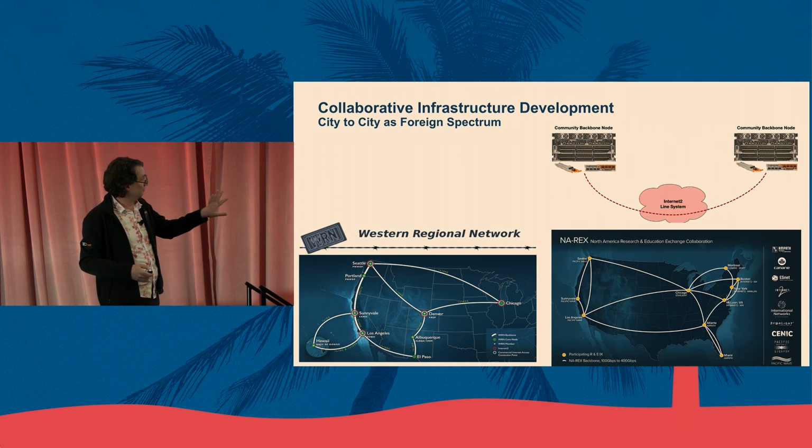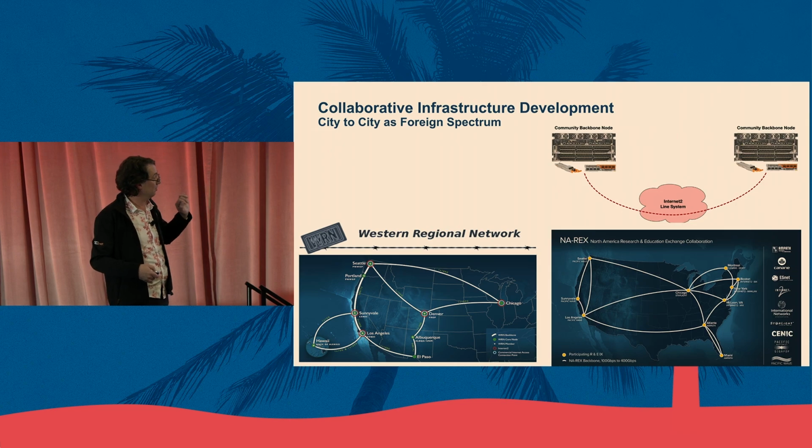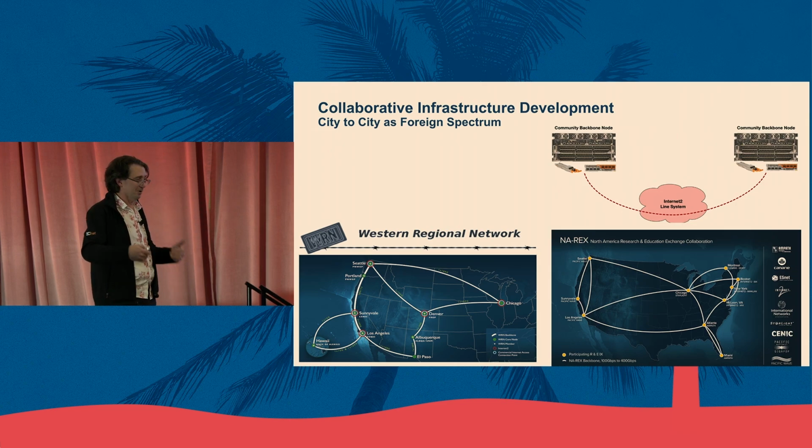And the NAREX connects community exchange points, again, many of which are not owned or operated by Internet2, across the Internet2 platform, and creates these network overlays. So it works in both use case scenarios of using either the Internet2 line system with third party or a third party line system with Internet2 equipment.